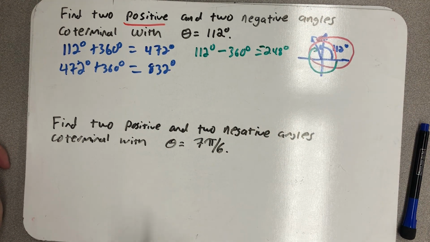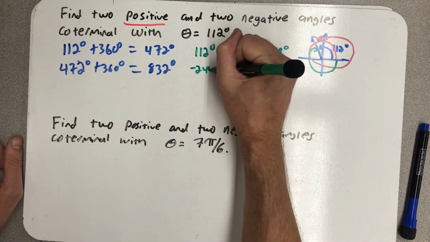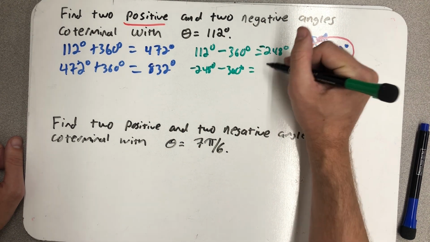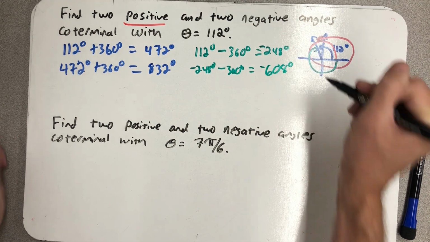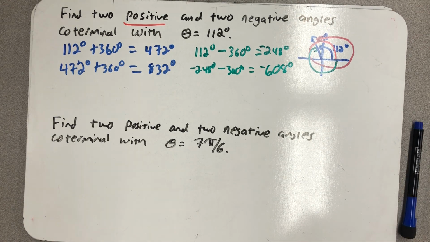And if I take away 360 again, so now I have that second angle, subtract another full revolution. I find that fourth angle I've been asked for, that second one, that's coterminal but negative, so negative 608 degrees.